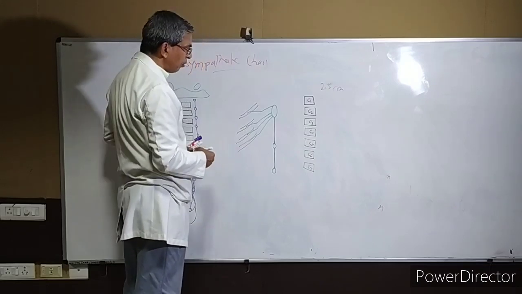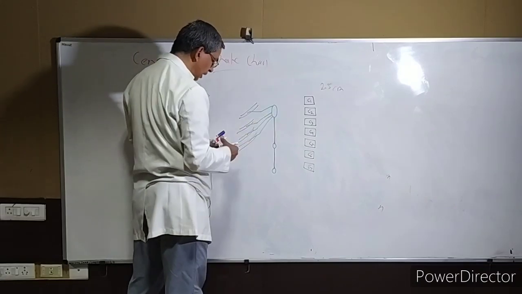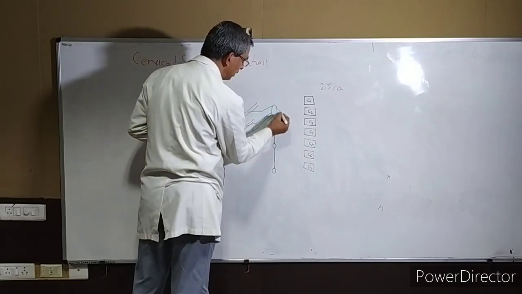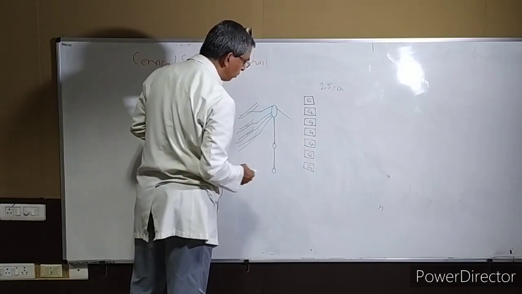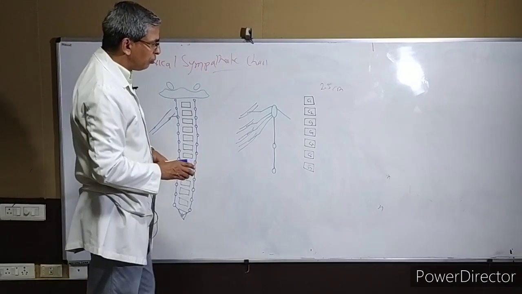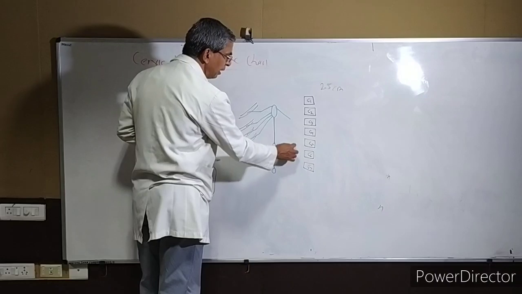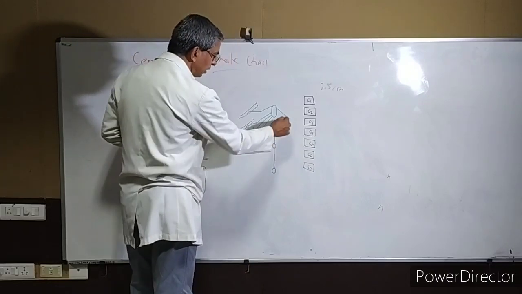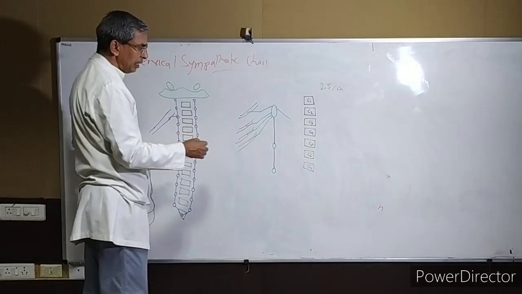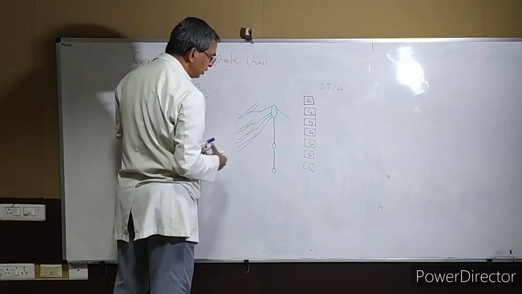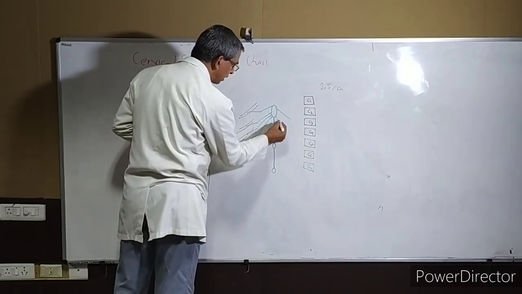Now what about the medial branches? The medial branches include the laryngopharyngeal branch, which passes towards the larynx and unites with the vagus nerve and the glossopharyngeal nerve to form the pharyngeal plexus, which supplies the muscles of the pharynx and the blood vessels. Clear? The second medial branches are the cardiac branches.